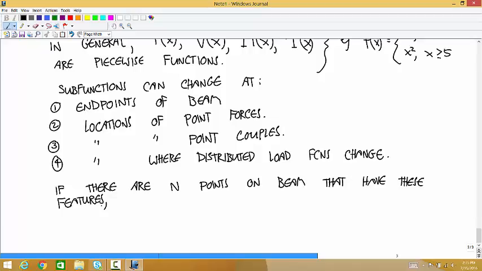Or in other words, we're going to have to do N-1 of these cuts where we isolate a piece and represent the end in terms of x.